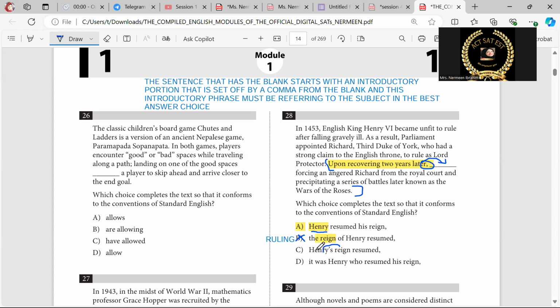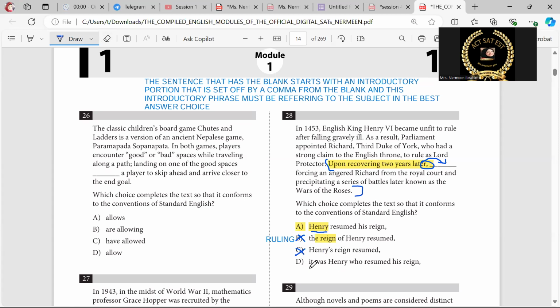When I say Abdurrahman's book is on the table, do I mean that Abdurrahman is on the table or the book is on the table? The book is on the table. Excellent. That's why Henry's reign resumed. Reign means the ruling, so definitely the reign will not be recovered 2 years later.